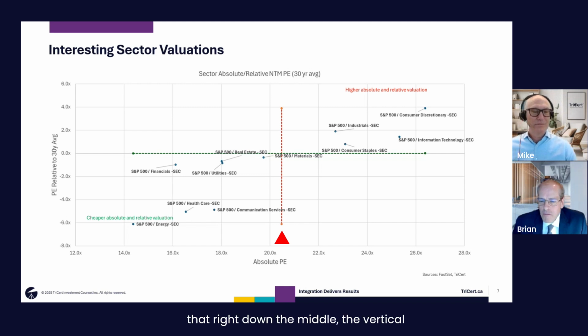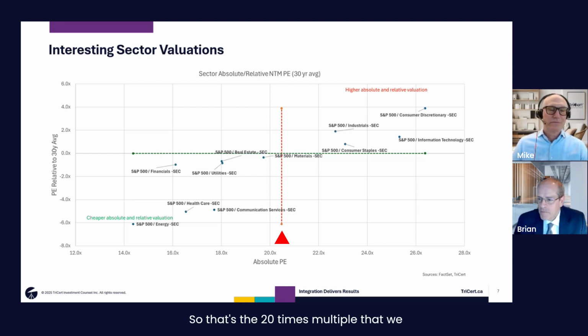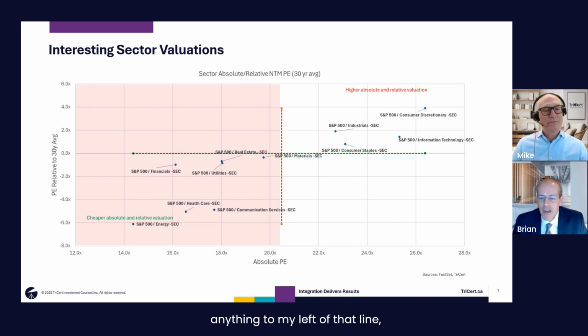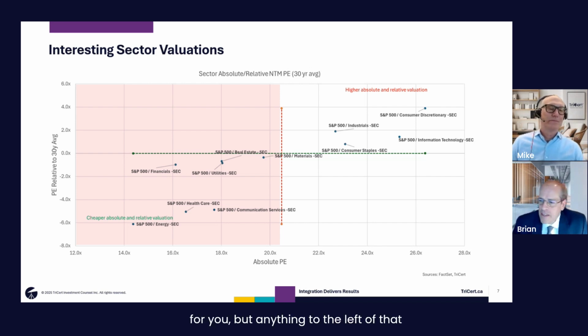The red line right down the middle, the vertical line, is what the U.S. market trades at. So that's the 20 times multiple that we looked at, roughly just a touch over 20. That's what we looked at last time. Anything to the left of that line, and those are the 11 sectors displayed for you, anything to the left of that line is actually trading cheaper than the market.